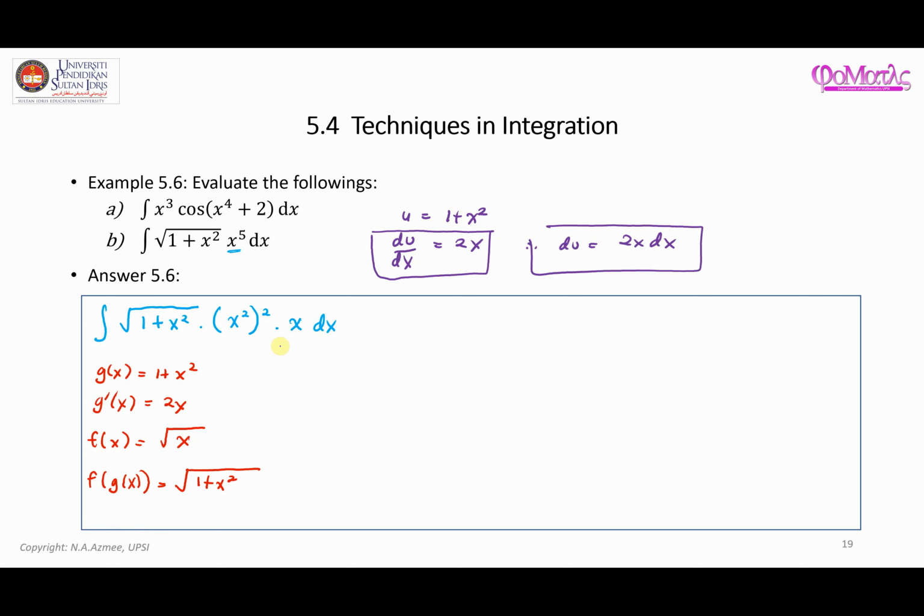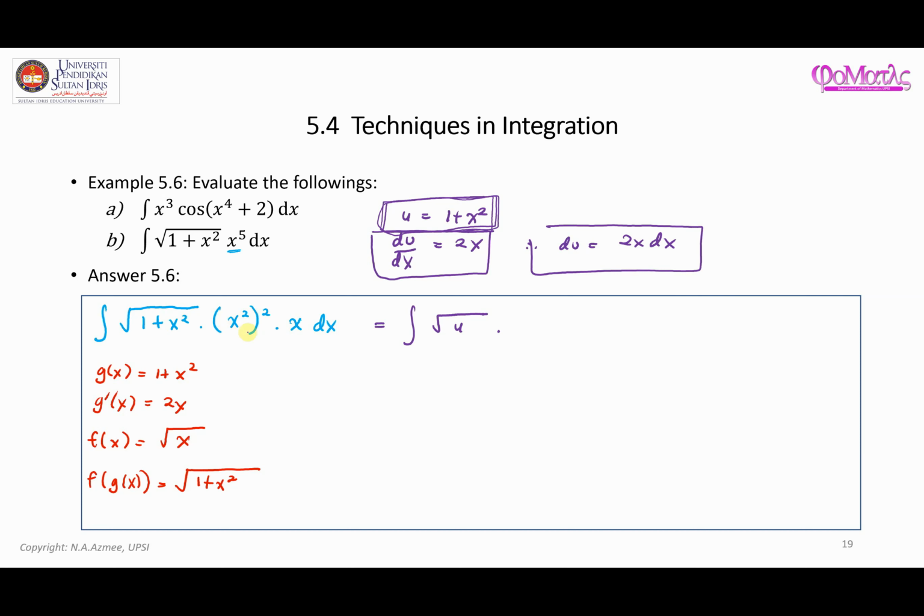So now based on this integral that I have here, I'm just going to substitute the result accordingly. I have square root of u, because 1 plus x squared is u. And if u is equal to 1 plus x squared, then what is x squared? x squared will be u minus 1.